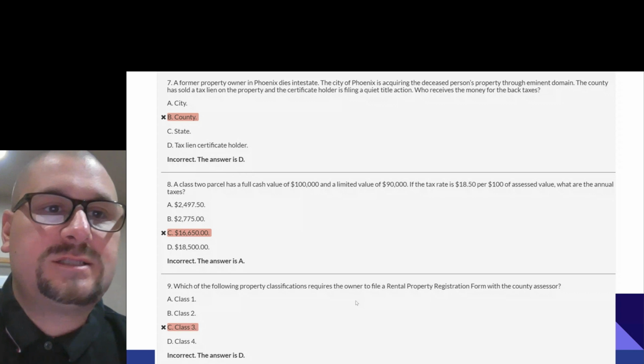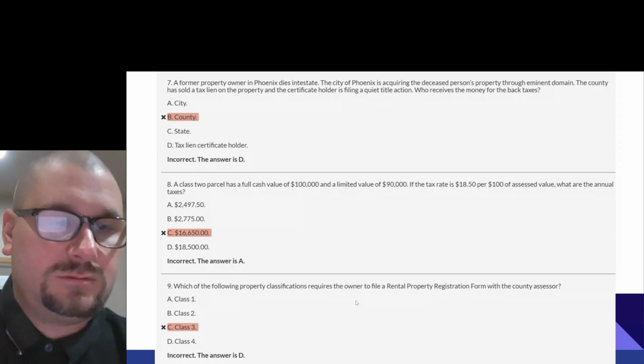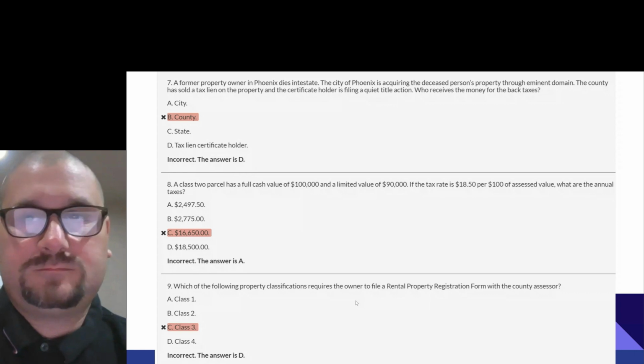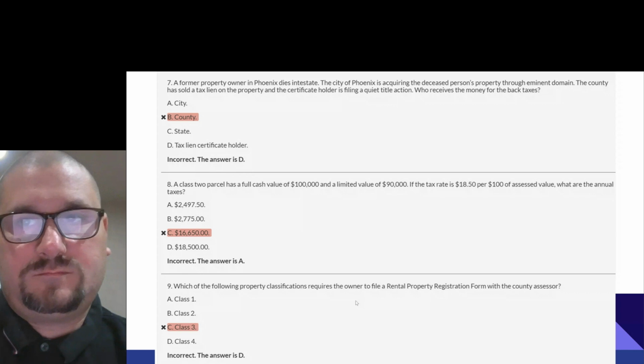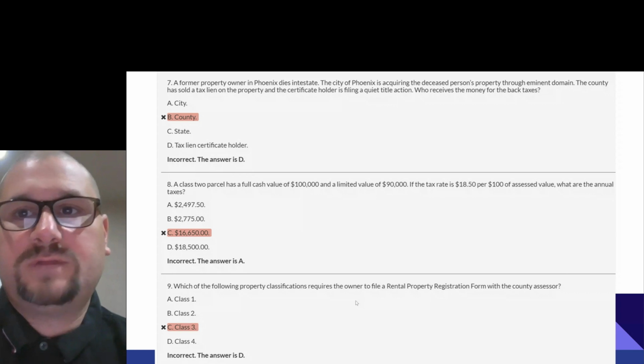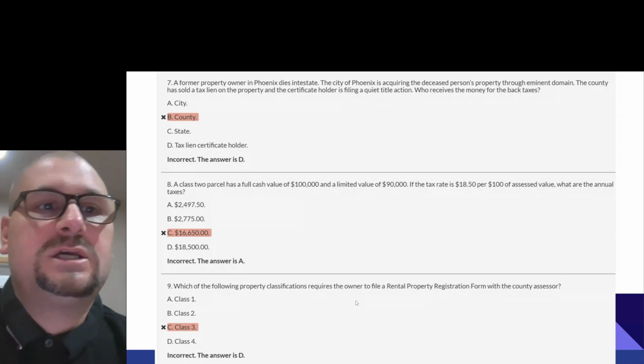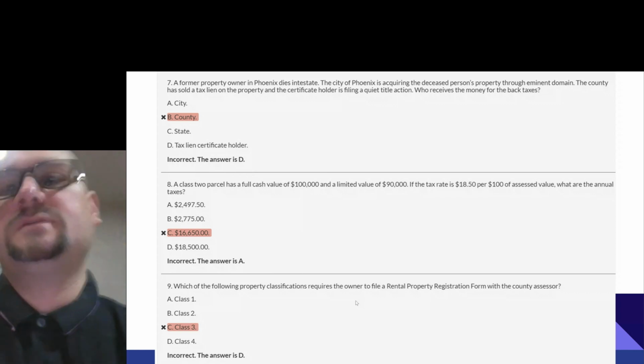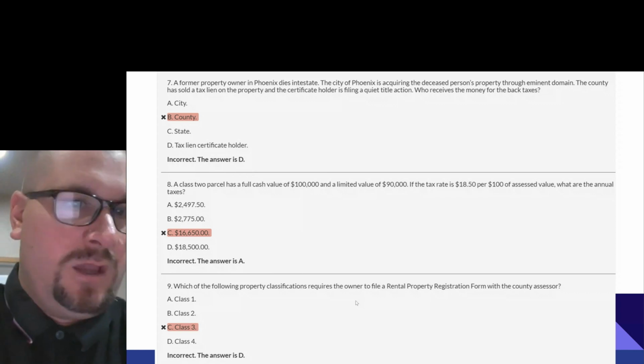Delta, the tax lien certificate holder. The tax lien certificate holder receives the money for the back taxes.